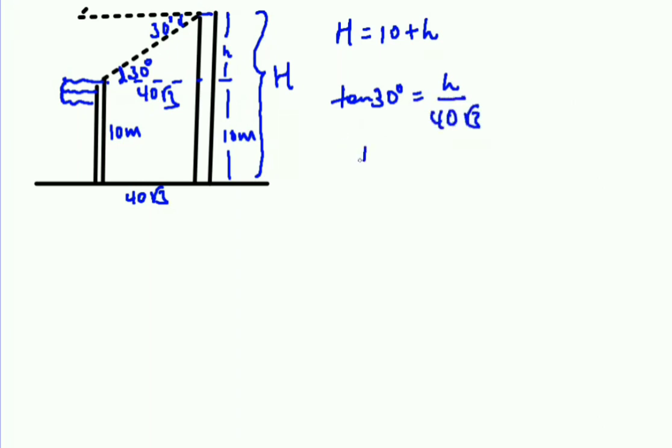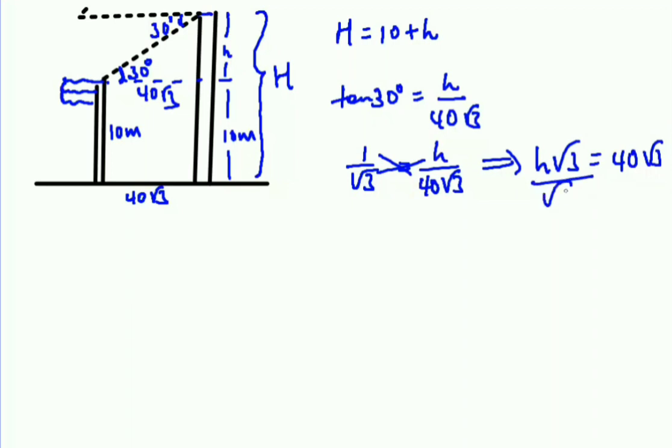But tan 30 degree is 1 over root 3, which is h over 40 root 3. Use crisscross, then h times root 3 is equal to 40 root 3, dividing both sides by root 3, we will get the value of h. So this is small h, so this h value becomes 40.